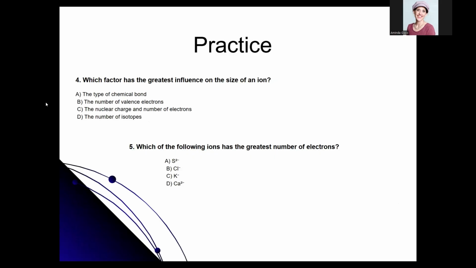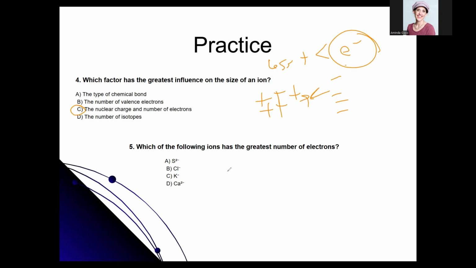Well, we know that the nuclear charge is the number of protons in the nucleus, and that does have an effect on the size of an ion, because if you have more protons than you do electrons, then it's going to be held tightly and the radius of the ion is going to get smaller. But if you have fewer protons than you do electrons, then it's going to be held more loosely and it's going to be larger in size.